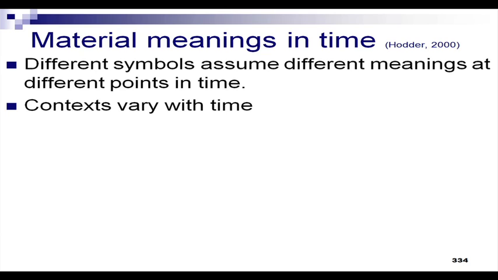Because of the ease of international communication, it's not only a change in the expression of material culture, it's also the ability to do certain things that were not so common for various reasons. People can afford it, they have more opportunity, so it's a complex phenomenon. However, these expressions have cultural implications also. Okay, contexts vary with time.